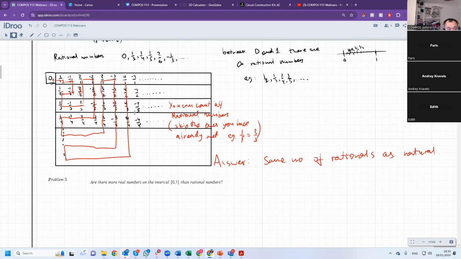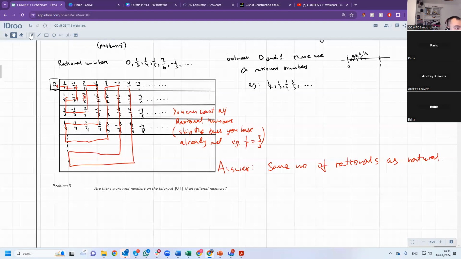If you take any two rational numbers, of course, you can find a rational number in between, but it will be on the list, just further down the list. For example, look at 1/2 and 1/3.